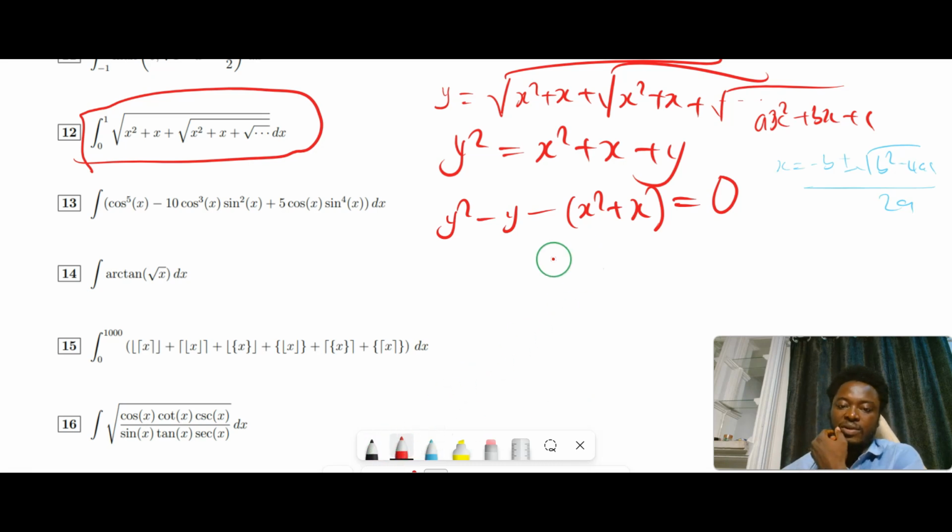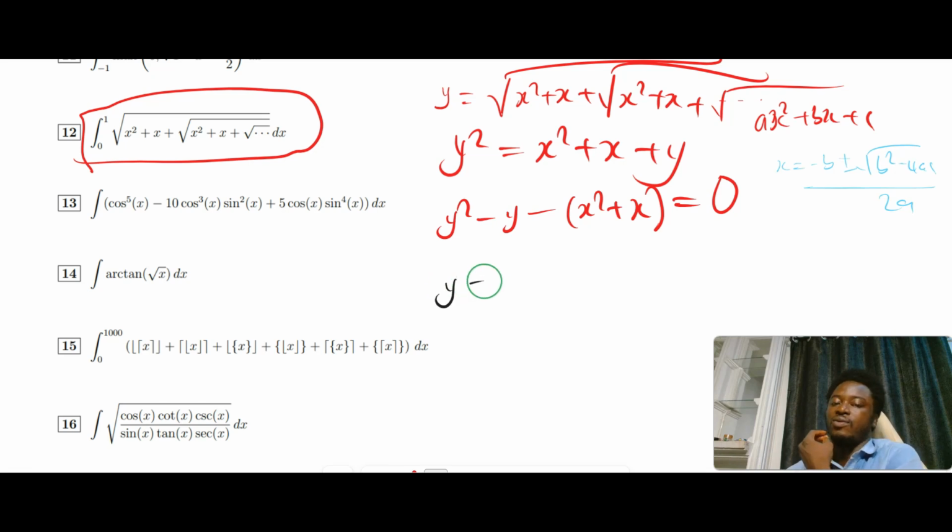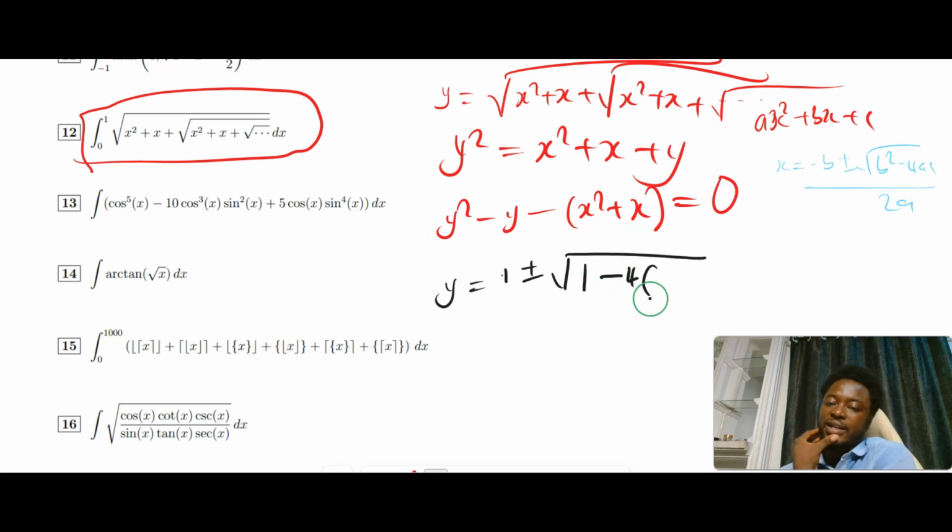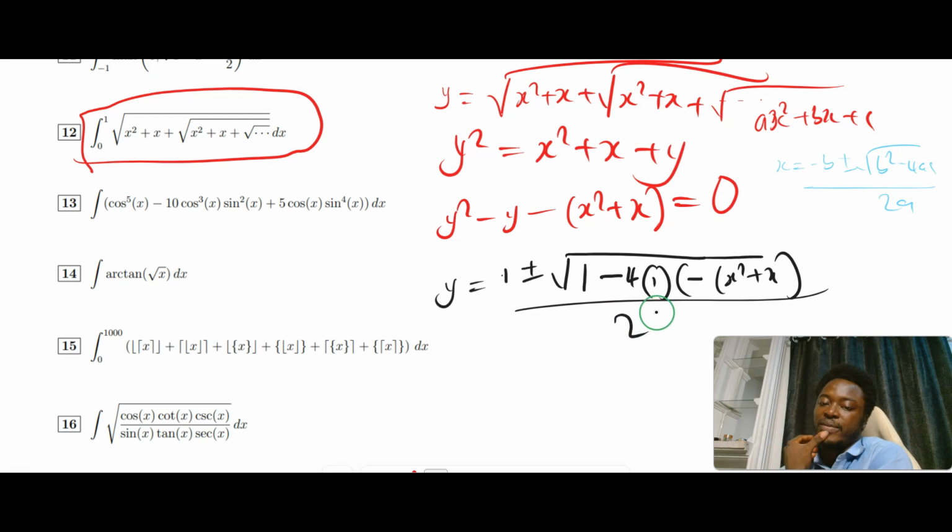So y will be negative b, which is 1, plus or minus the square root of b squared, which is 1, minus 4ac, where a is 1 and c is negative of x squared plus x, all divided by 2.